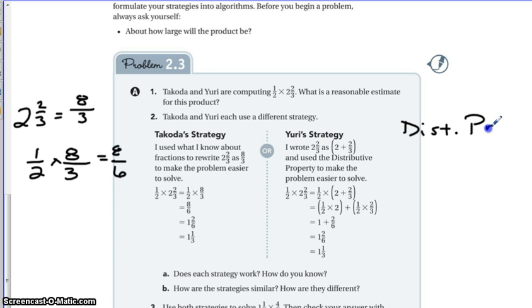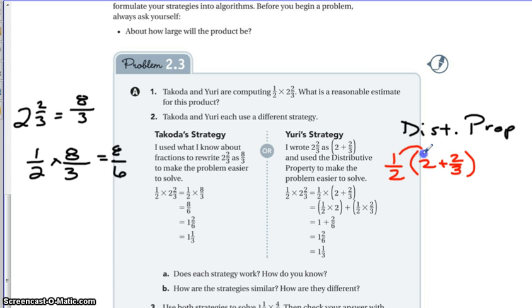It's been a couple of weeks since we talked about the distributive property, but what the distributive property says is that if you take one number and you distribute it to everything on the inside, here is a sum of two numbers, that makes one factor here, then we can multiply that out.